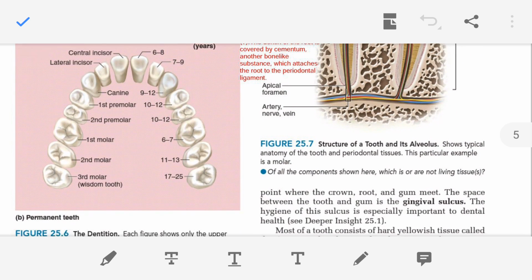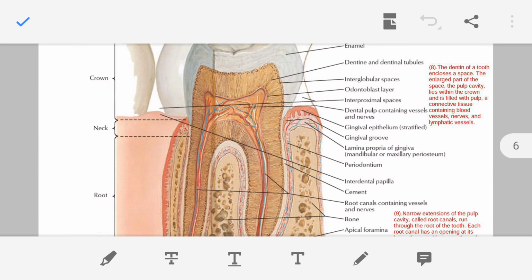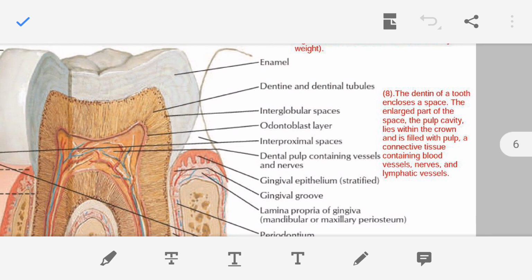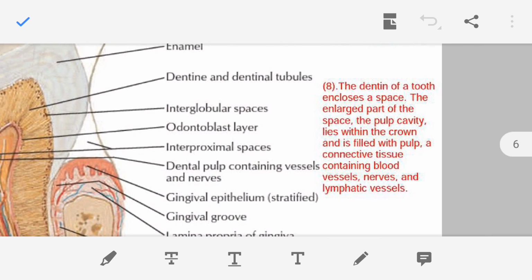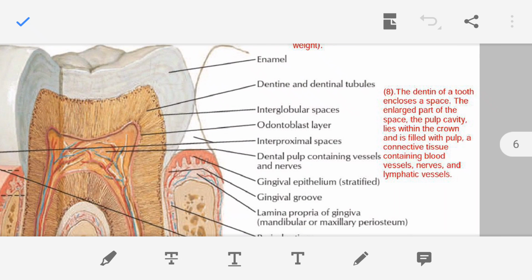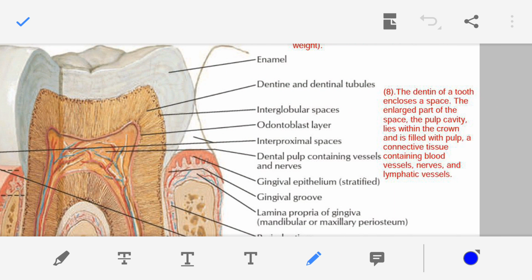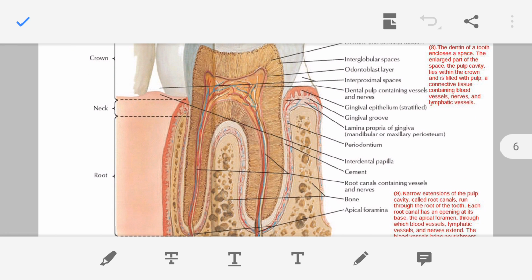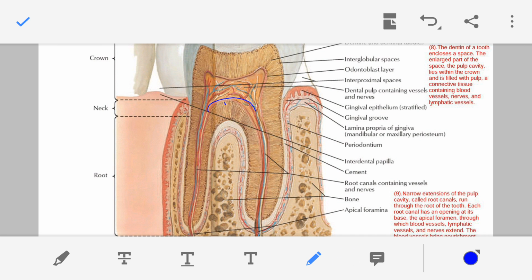Now moving on to the eighth point of our discussion. The eighth point is regarding the pulp cavity. For example, this part is the pulp cavity, and this pulp cavity is covered by dentine.